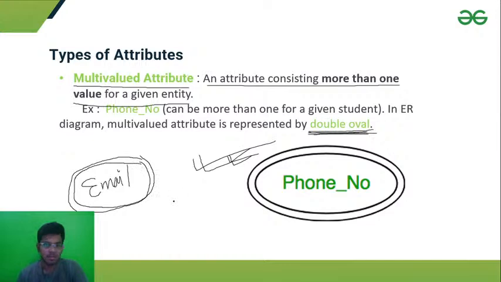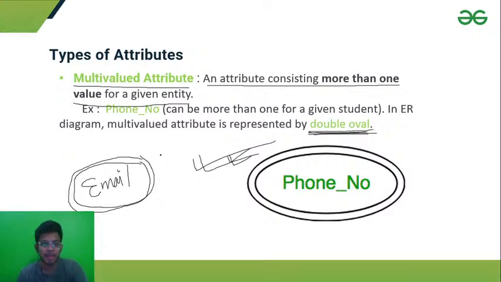Okay, so you will say, earlier I said email was a composite attribute, then how can it be a multi-valued attribute? Then let me mention that these types of attributes are not disjoint. I mean, one attribute can come under two or more sections of attributes.